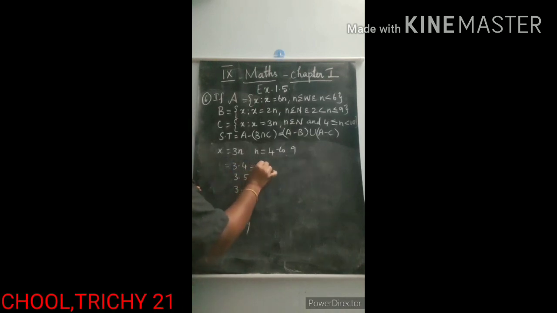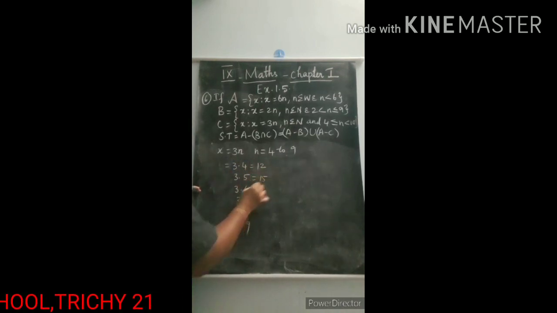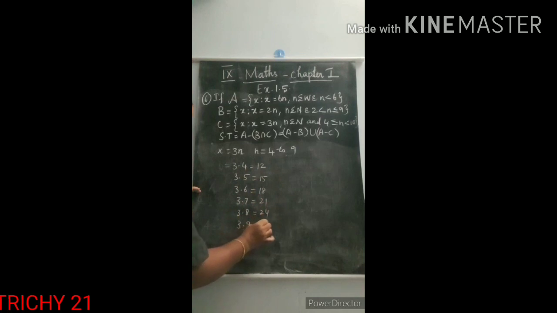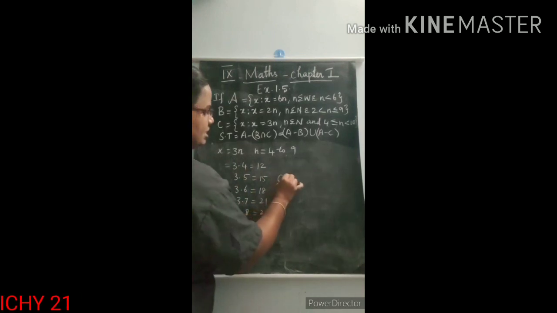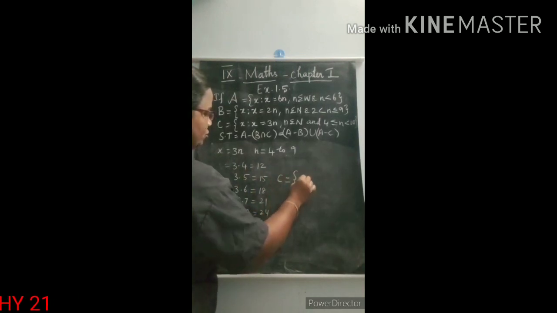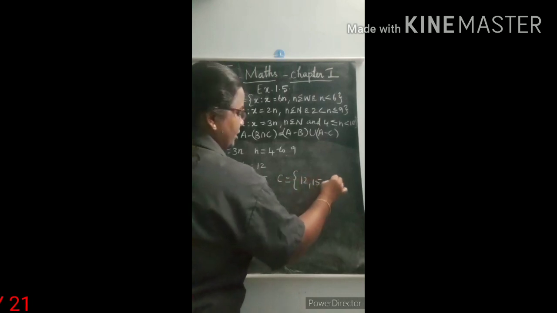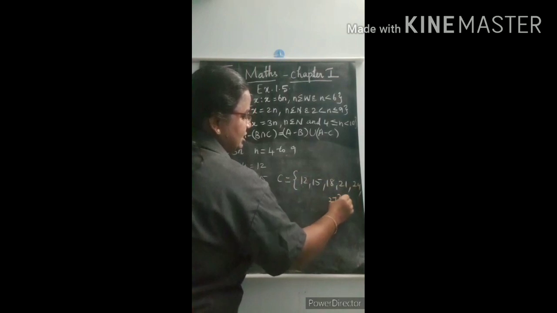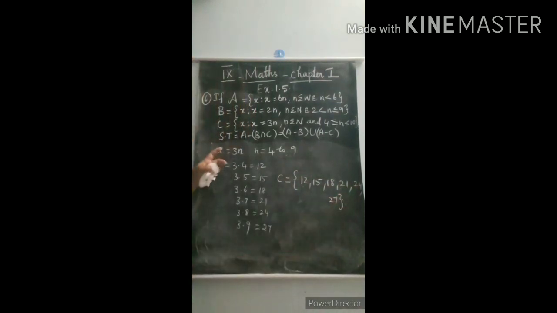So what is the answer? 3 4s are 12, 5 3s are 15, 6 3s are 18, 7 3s are 21, 24, 27. So C is equal to 12, 15, 18, 21, 24, 27. So we have found A, B and C.